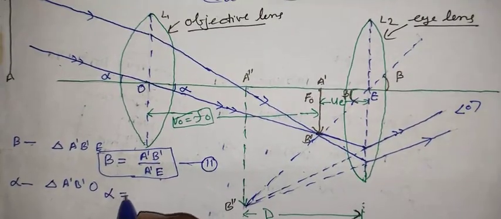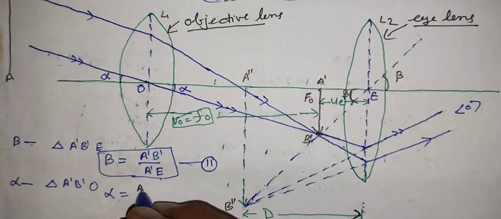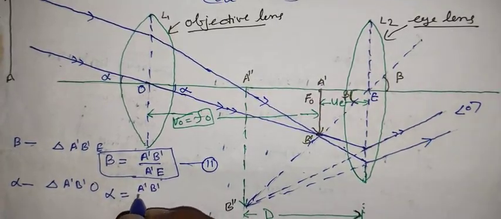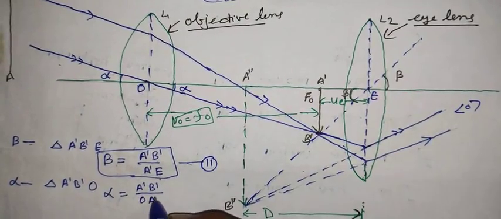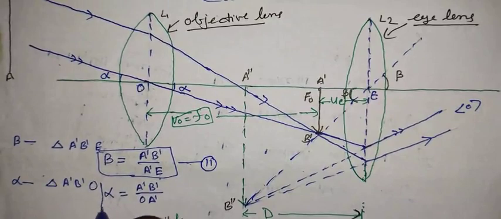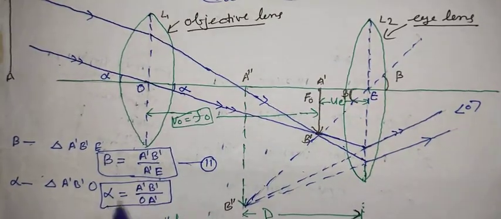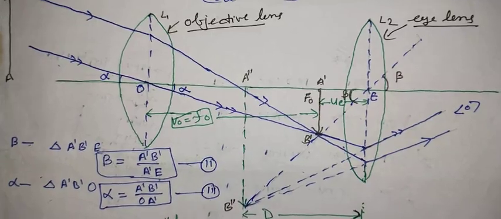Tan alpha is equal to perpendicular A'B' by base OA'. This is equation number 2.